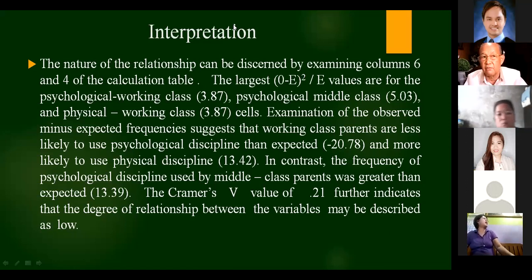I repeat, in our example, ang independent variables natin ay pupil-related variables, teacher-related variables, and school-related variables. Ang dependent variable natin is performance of students in NAT or NCAI.